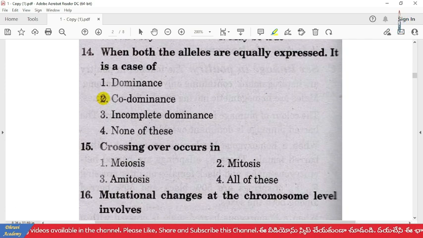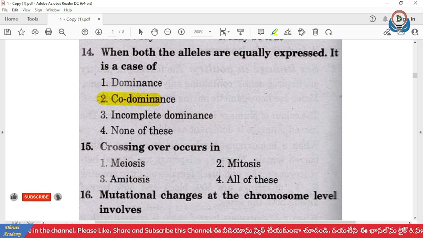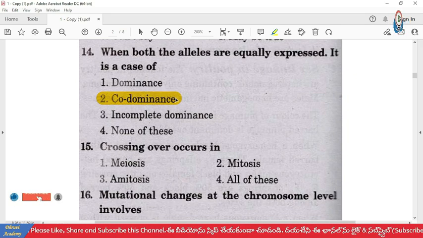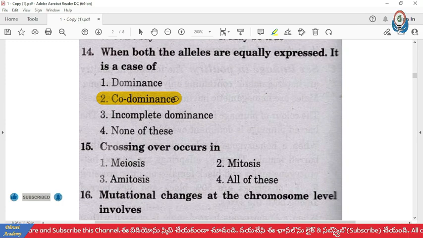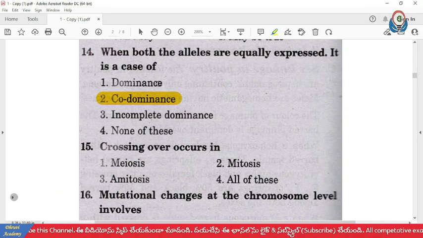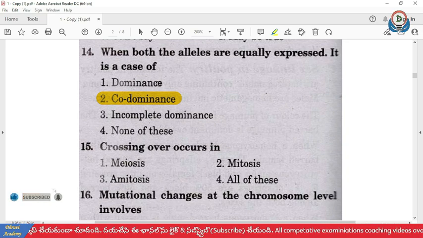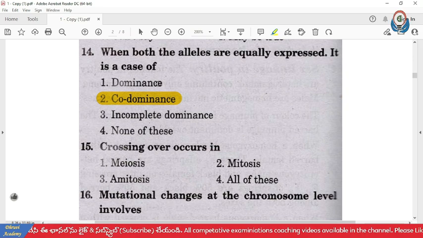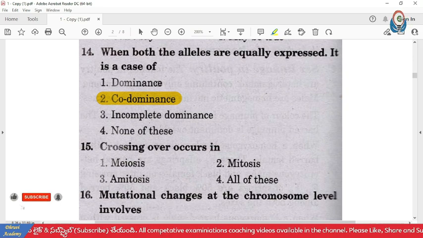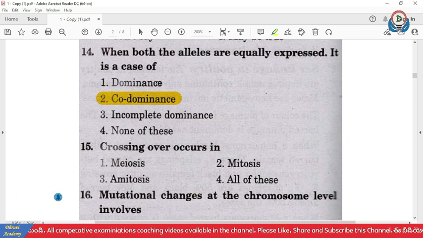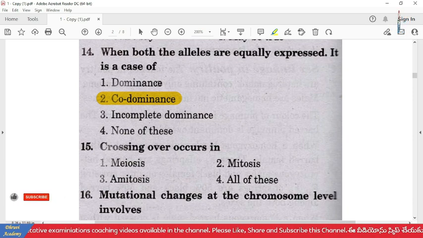Both alleles are expressed in this case equally. దాన్ని ఏమంటారంటే codominance అంటారు. మనకి dominance కూడా, మీ reference కోసం చెప్తున్నాను. Dominance అంటే the dominant gene refers to a gene responsible for expression of a dominant character. Dominant character అనేది మనకు ఉంటుంది కదా, దాన్ని dominance అంటారు.